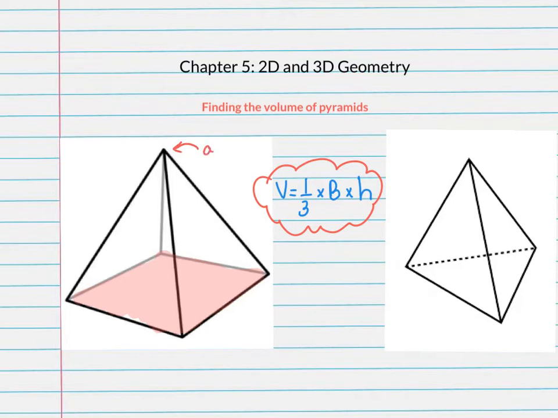This point here is called an apex, and the height drops from this point down perpendicular to the base. So the straight line that is drawn in red is your height h.